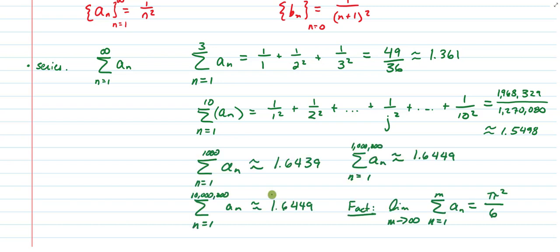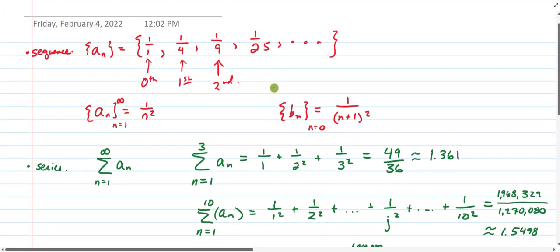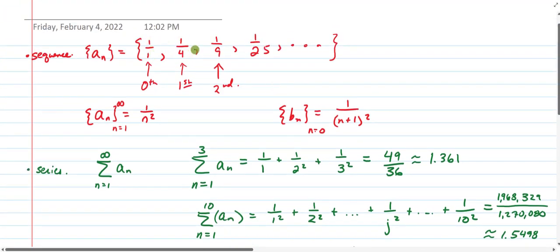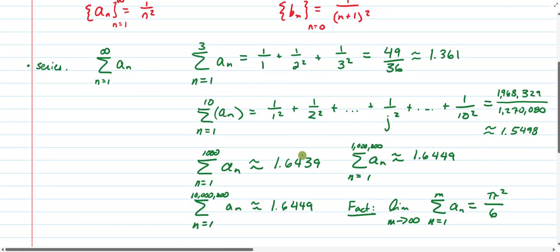So here I've put up a few more finite sums. I did the sum of the first 1,000 terms of this sequence. So again, what we did was we took this sequence right here, 1 over 1, 1 over 4, 1 over 9, 1 over 25, and I added up the first 1,000 terms, and I got approximately this number here.